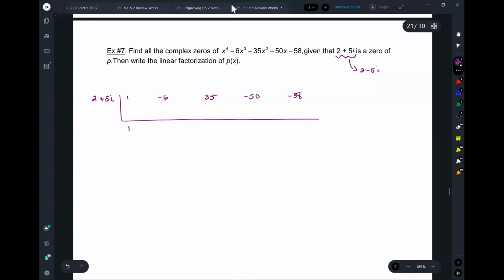1, 2 plus 5i, right? When you add this, what do you get? Negative 4 plus 5i. Okay, now here we have a little bit of mundane calculations. You have to multiply 2 plus 5i and negative 4 plus 5i.